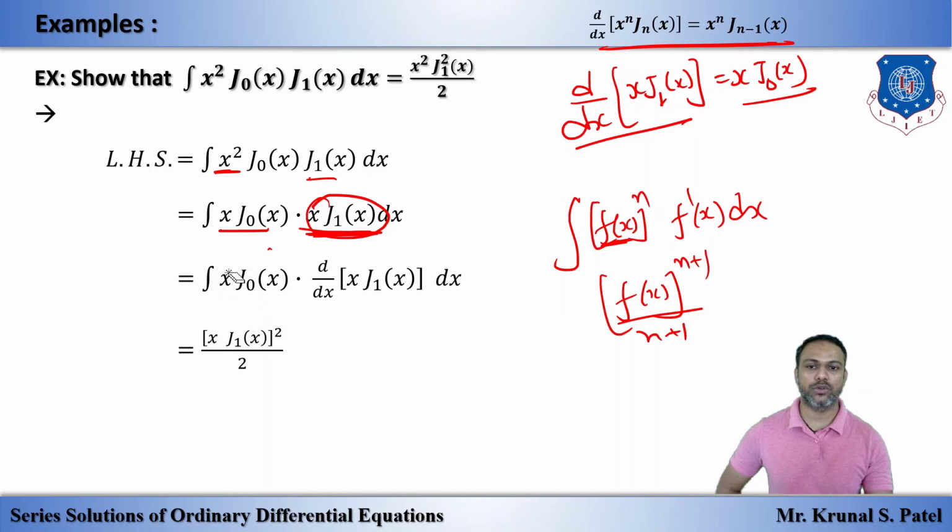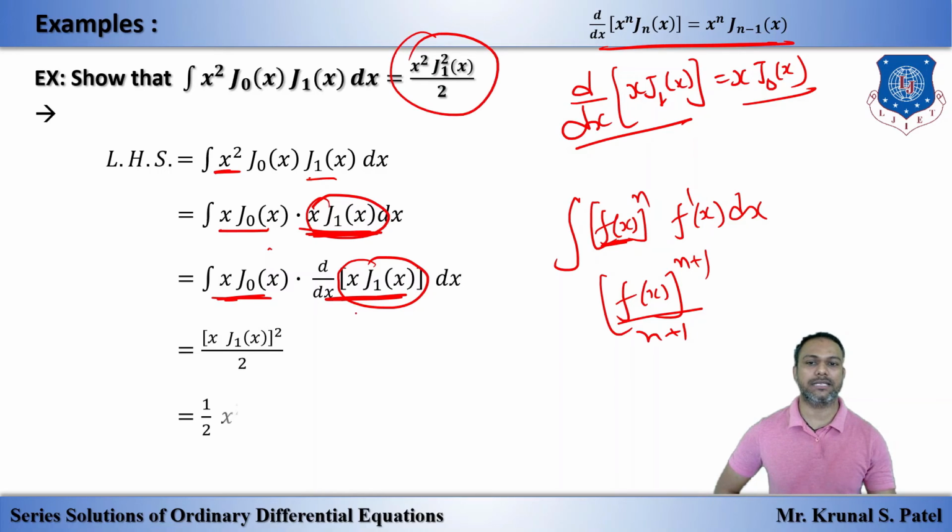So this term has a derivative. Differentiation of this is this. So we can write this 2 by 2. This is our final answer. Simple. No need to worry about this. We have to use only basic identities here.